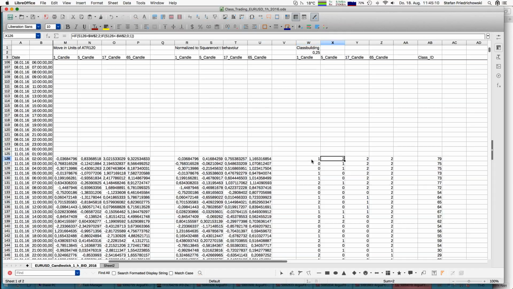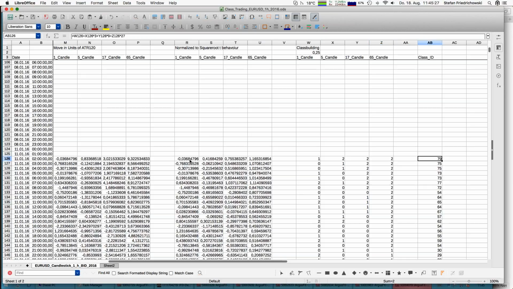I do that for all my history data, also for all my history of a current price. And in this case, for the first case here, I have the combination 1, 2, 2, 2.